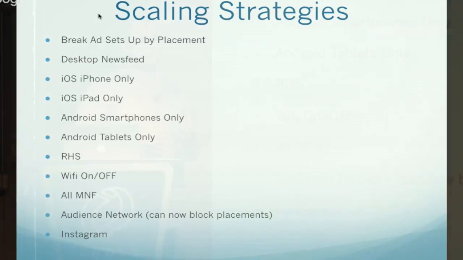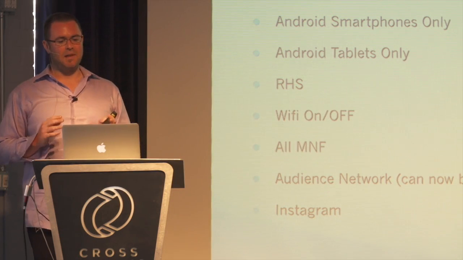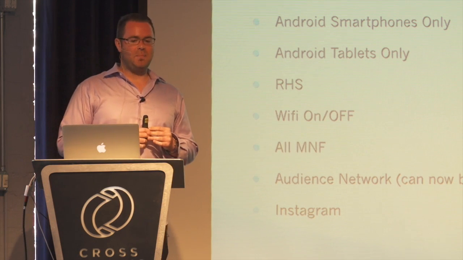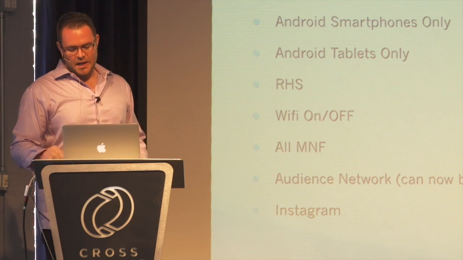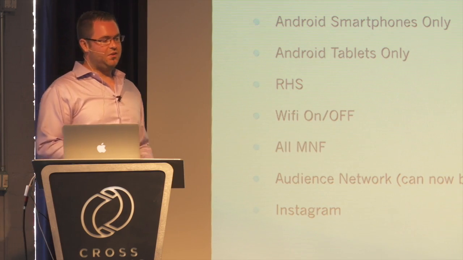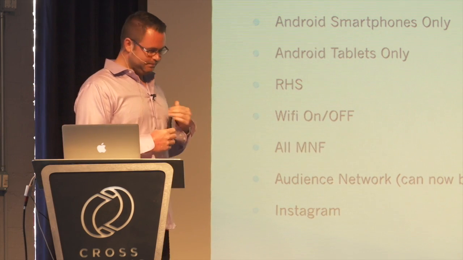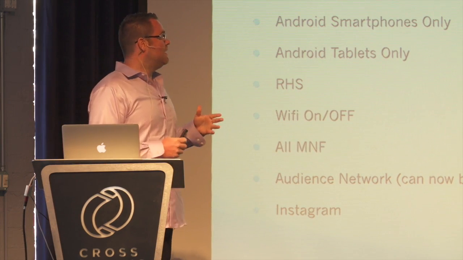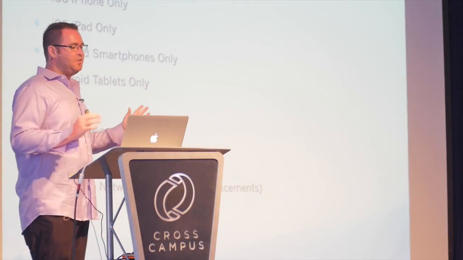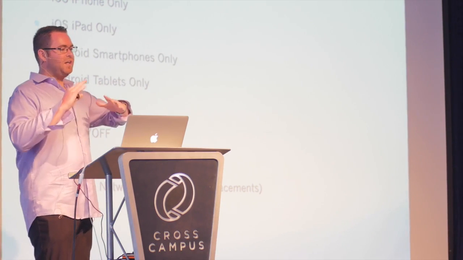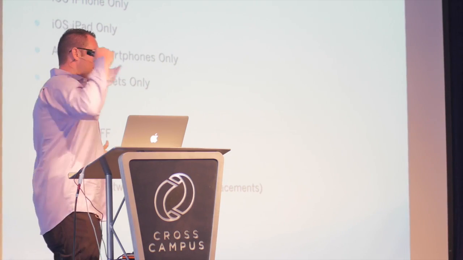Then what you want to do is break out your ad sets by placement. A lot of people like to break it out by age, but unless there are huge differences in how the ages perform, it's typically better to break it up by placement, where you have whatever your targeting is, then you have desktop newsfeed only. Then same thing, but iPhone only.